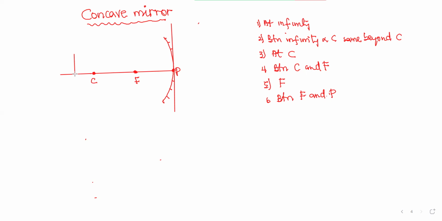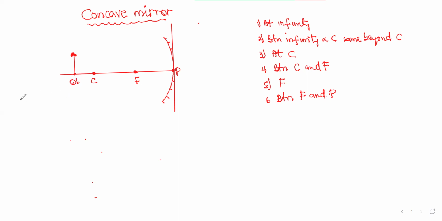So we will later treat when it is at infinity and placed at F. So the object is beyond C, and the arrow represents the head of the object. The foot of the object is on the principal axis. So this is the object O.